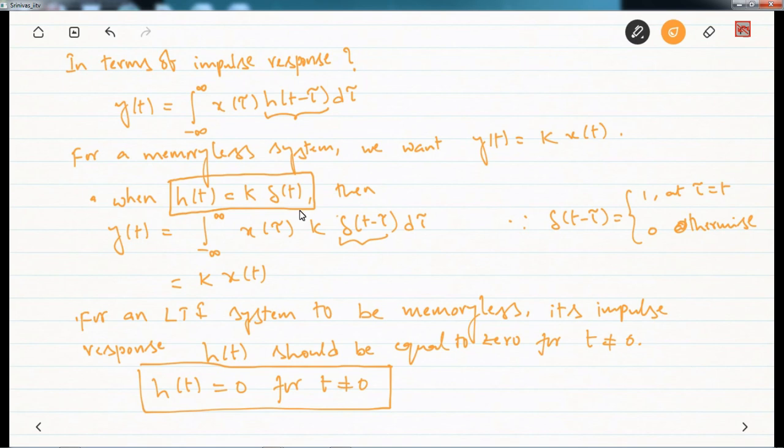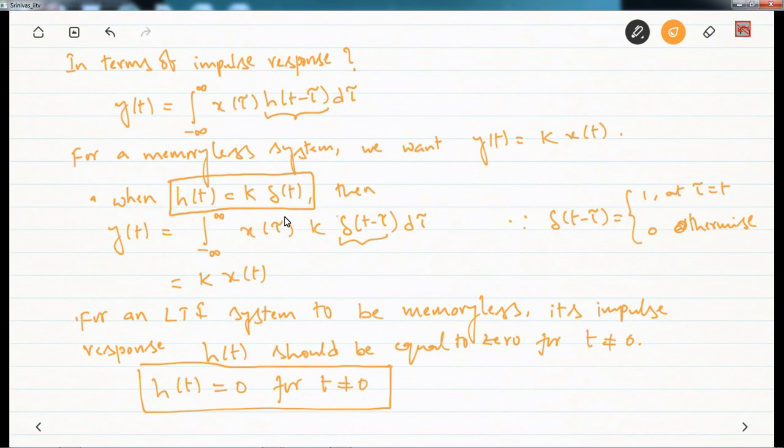What is delta of t? Delta of t is non-zero only at t equal to 0, and it is 0 everywhere else, right? So delta of t is 0 for every value of t except for t equal to 0. So for a system to be memoryless, its impulse response should be 0 at all values of time except at time t equal to 0, right?